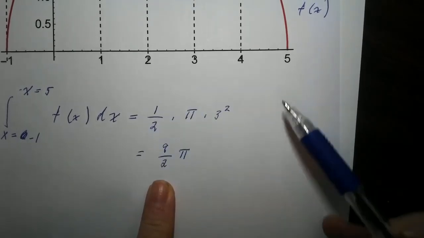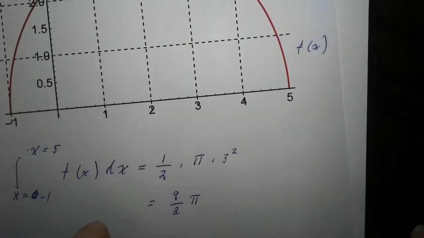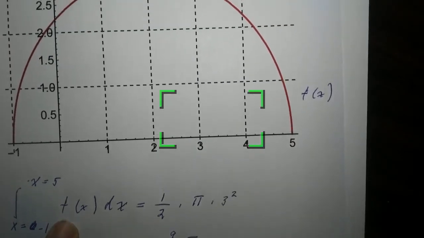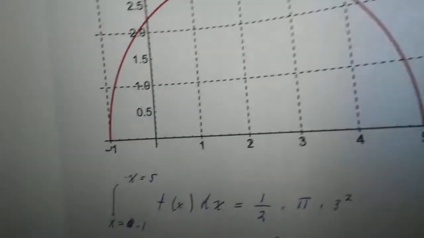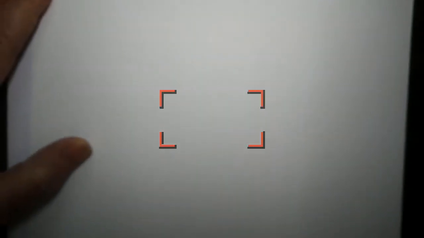Now, of course, these are very simple figures, and much of Calc 2, at least early on, will be dealing with more difficult functions. But some important properties of the definite integral that we want to keep in mind before we go further.